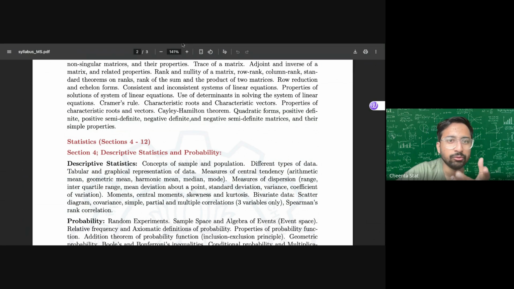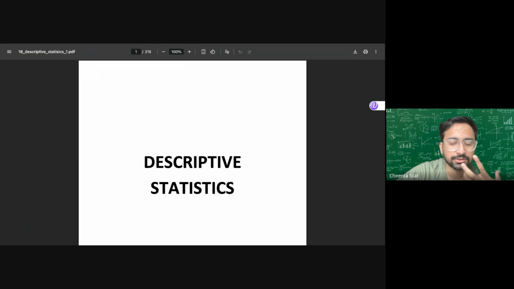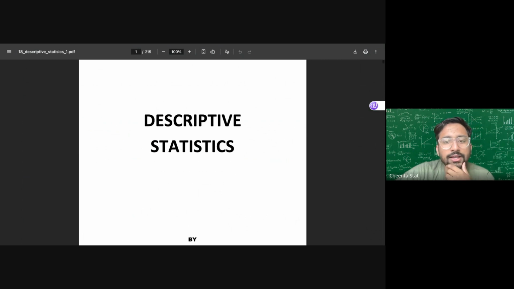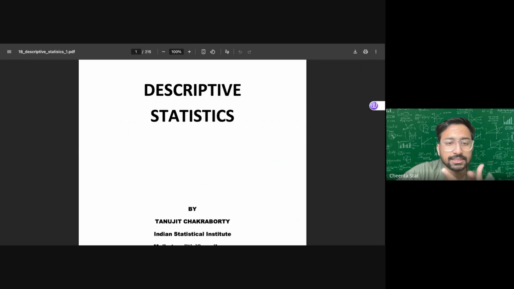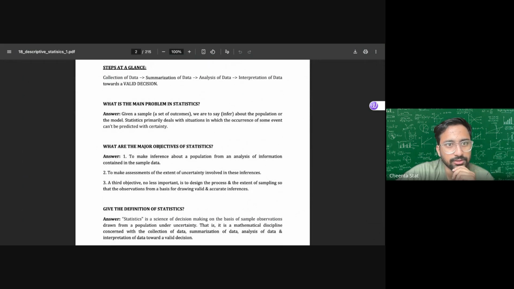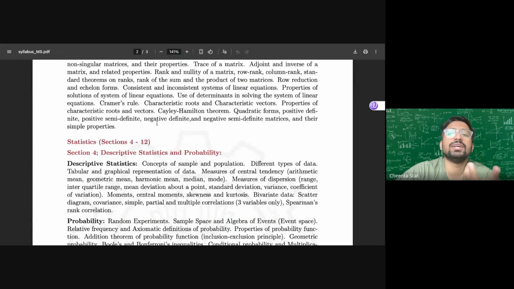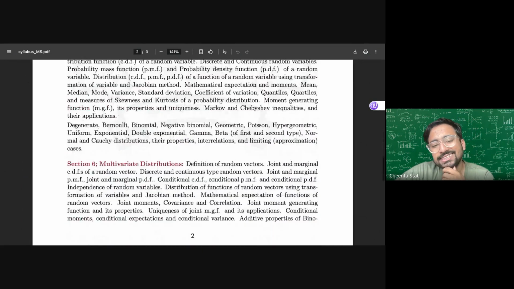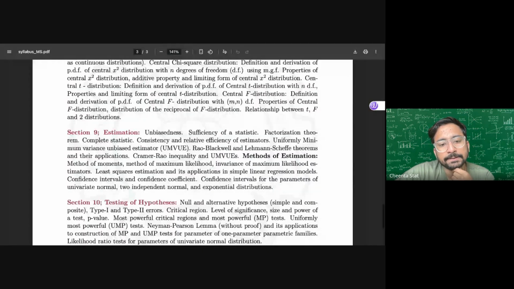I would suggest the following resource. These are notes by Professor Tanujit Chakraborty. He has descriptive statistics notes on his website, and you can read this and you will understand the fundamentals of descriptive statistics. Please also feel free to use the book that is suggested at your university or college.